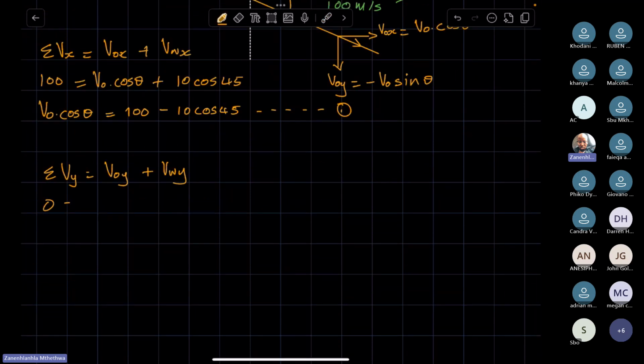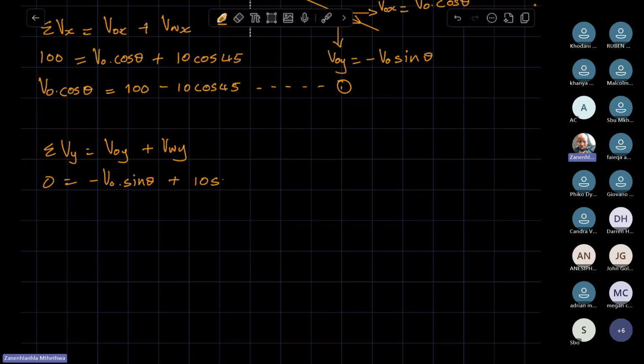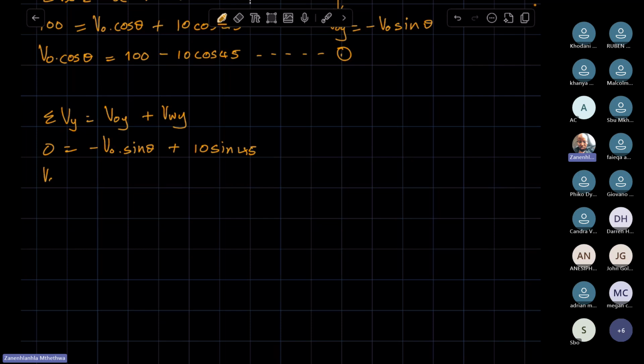So 0 is equal to VO in the y direction, which is negative VO sine theta, plus VW in the y direction, which is positive 10 sine 45. Now to make this simple, transpose this term to that side. Once transposed, it becomes positive VO sine theta is equal to 10 sine 45. Take this as your second equation.